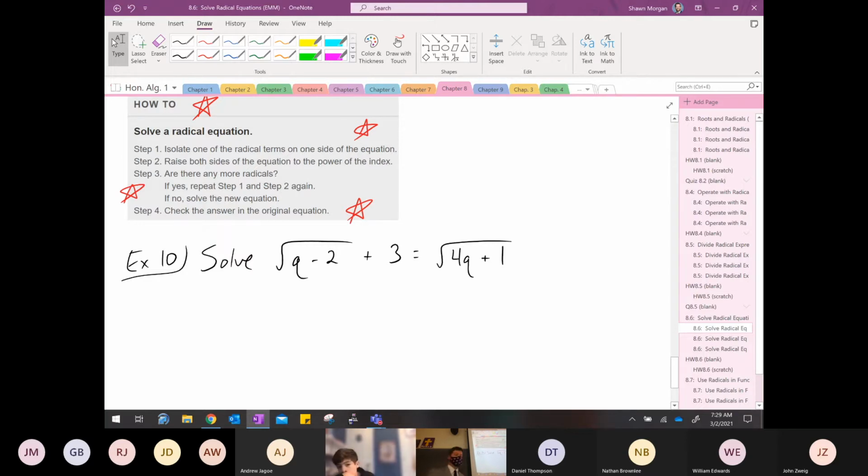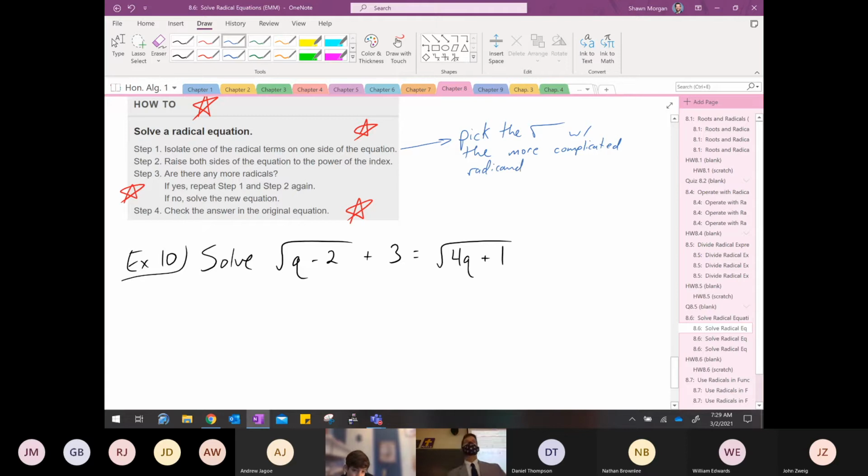But let me give you a little additional piece of information here. With step one, I like to pick the radical with the more complicated radicand.